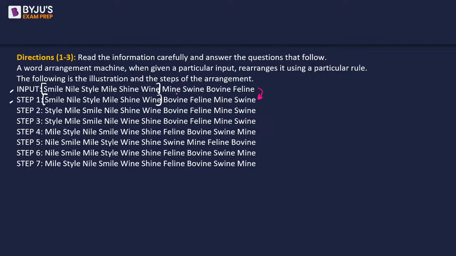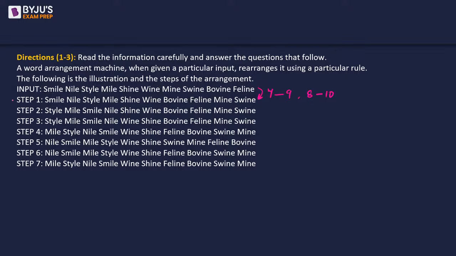If we look at the 6th, 7th, 8th, 9th and 10th word, you'll find that the 7th word has moved to 9th and the 9th has moved to 7th, and the 8th and 10th have rearranged. This is swapping. 7 went to 9, 9 went to 7, 8 went to 10 and 10 went to 8. Okay? That's the order in which input and step 1 moved.